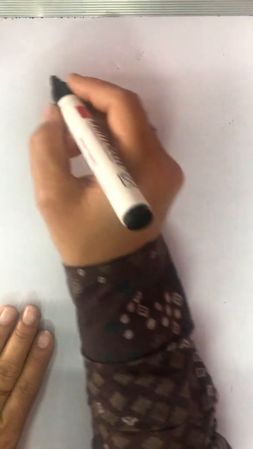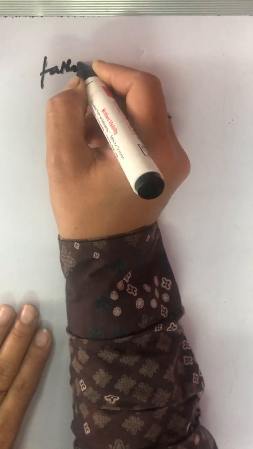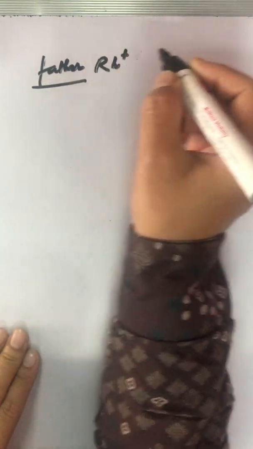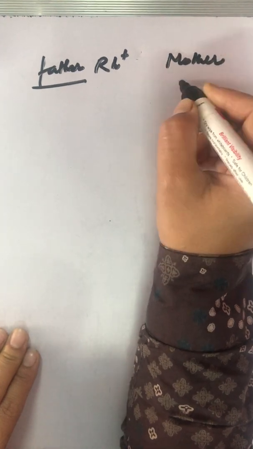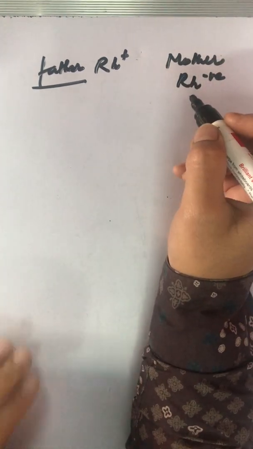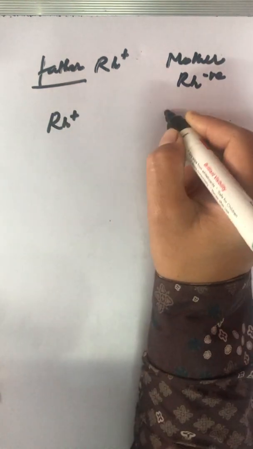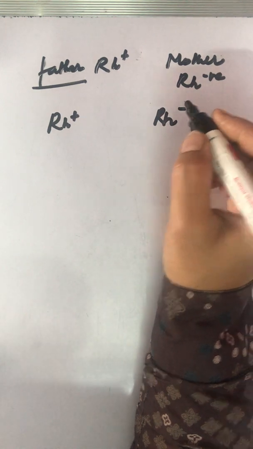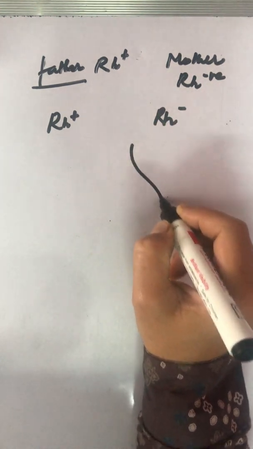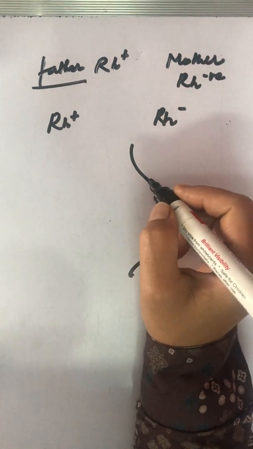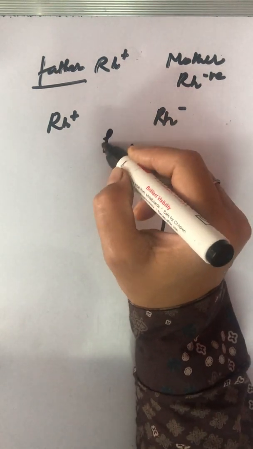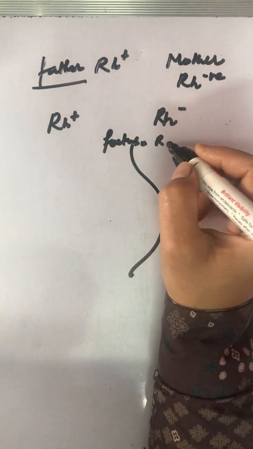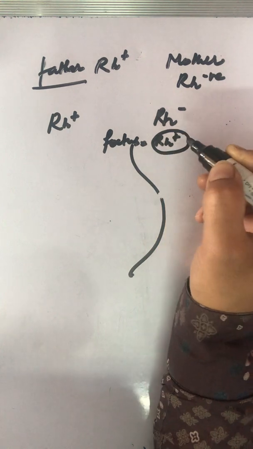See, if the father has a blood group which is Rh positive, and by chance the mother has a blood group Rh negative, and the fetus in the mother's body is Rh positive, then the problem occurs.